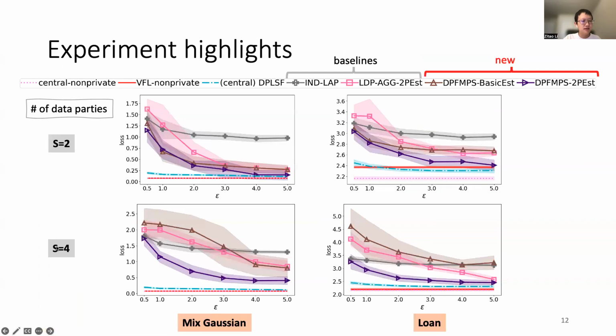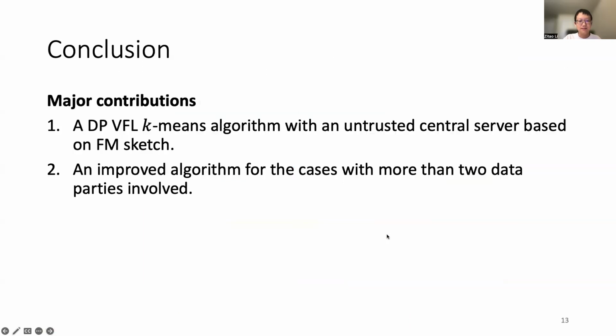And when the number of data parties increases to 4, we can see that our heuristic two-party estimation with FM sketch gains a significant advantage over all the other vertical federated learning approaches. More experimental results can be found in our paper as well.